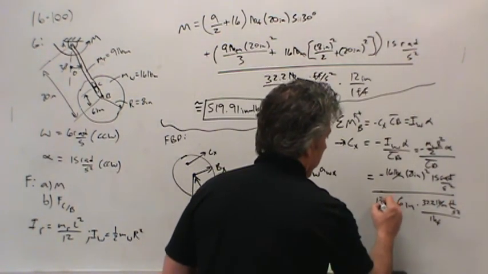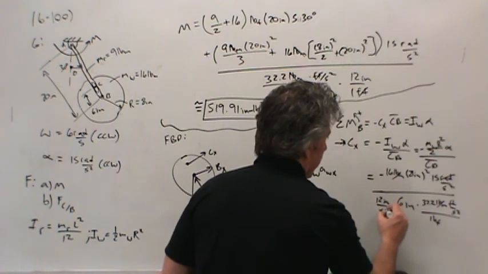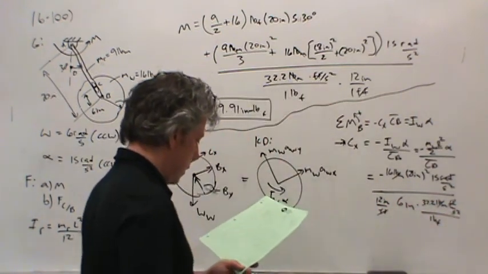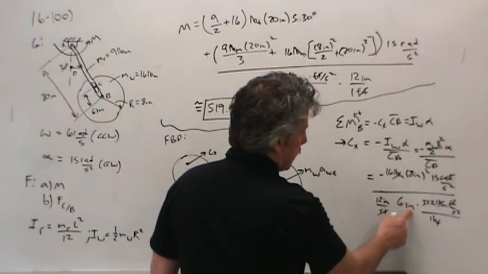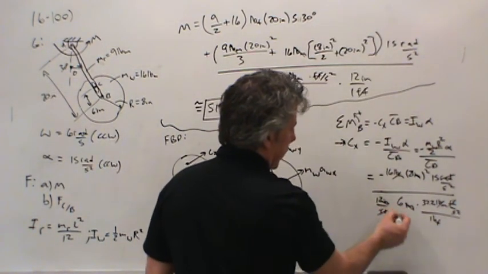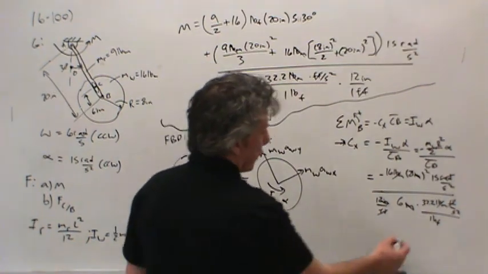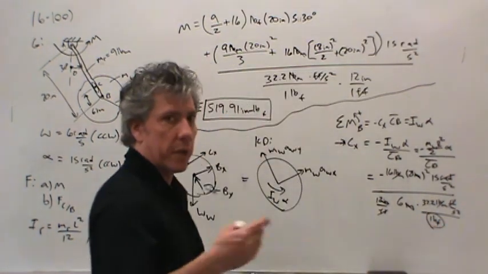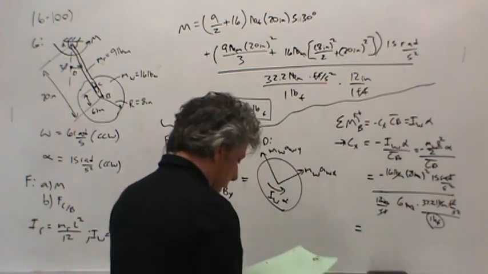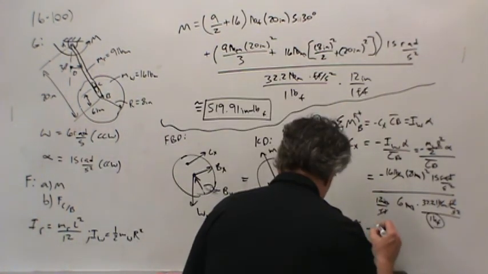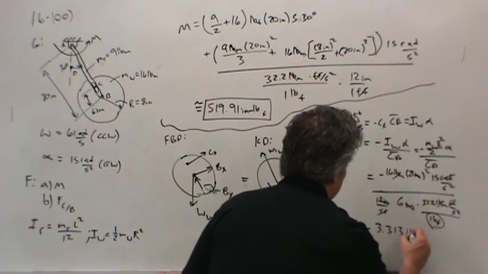So 12 inches per foot takes care of the feet. And now I've got inches squared here, which cancels with inches squared there. And all we're left with is pounds force. Since pounds force is in the denominator of the denominator, it's really in the numerator. So plug all this into your calculator and you'll find that this is about negative 3.313 pounds force.